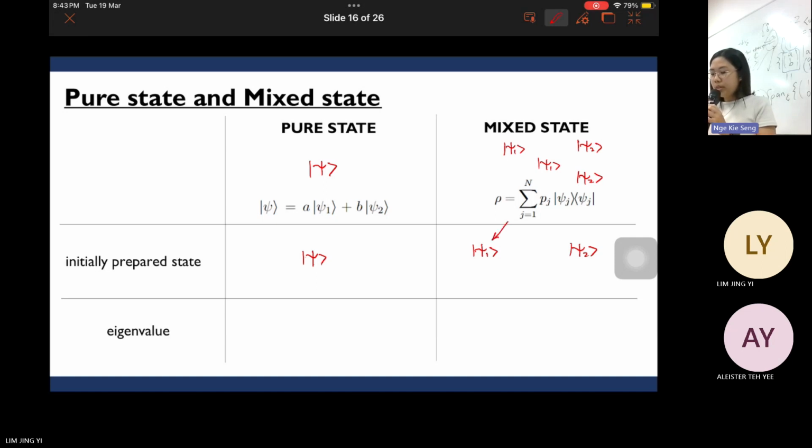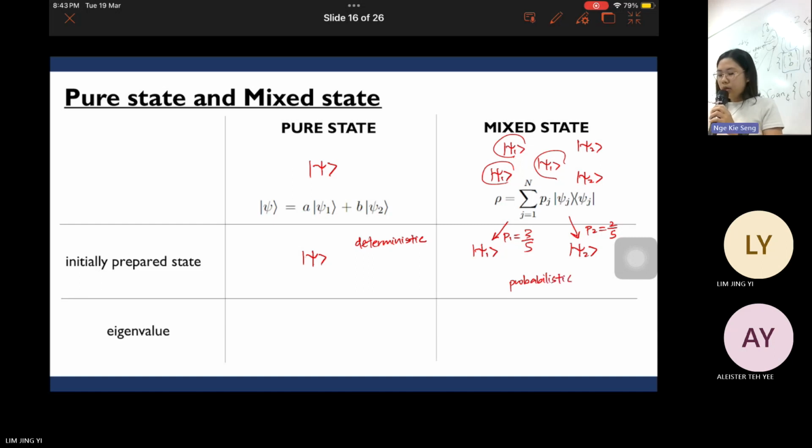You just have to determine the probability, which is the proportion of the first state. So you can see that if you perform the measurement on the initially prepared pure state, it is deterministic. But if you perform the measurement on the mixed state, it is probabilistic.